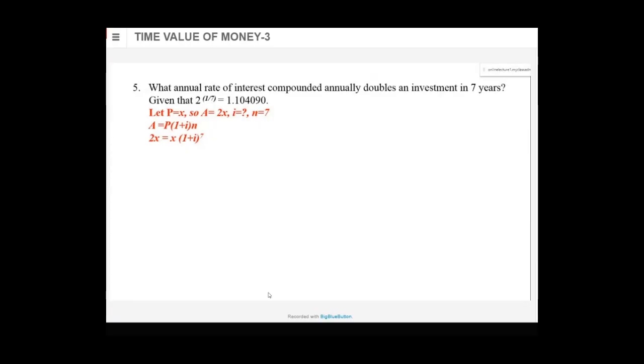Now X gets cancelled. So it becomes 2 is equal to 1 plus I raised to 7.